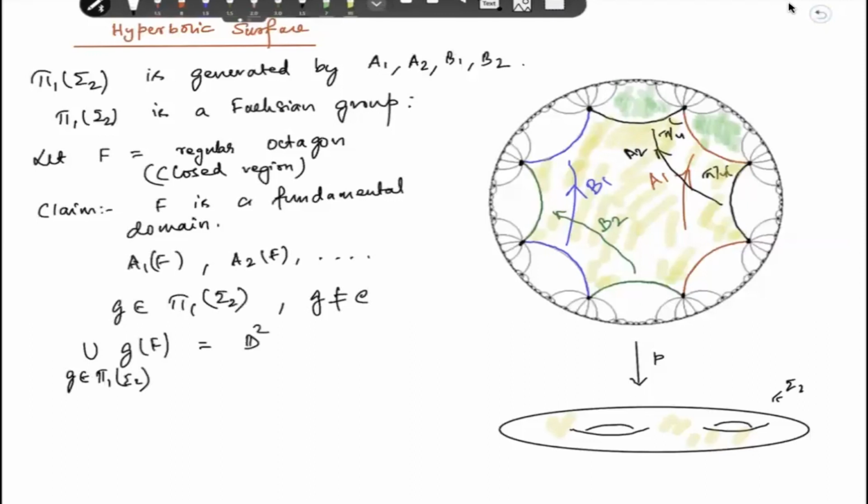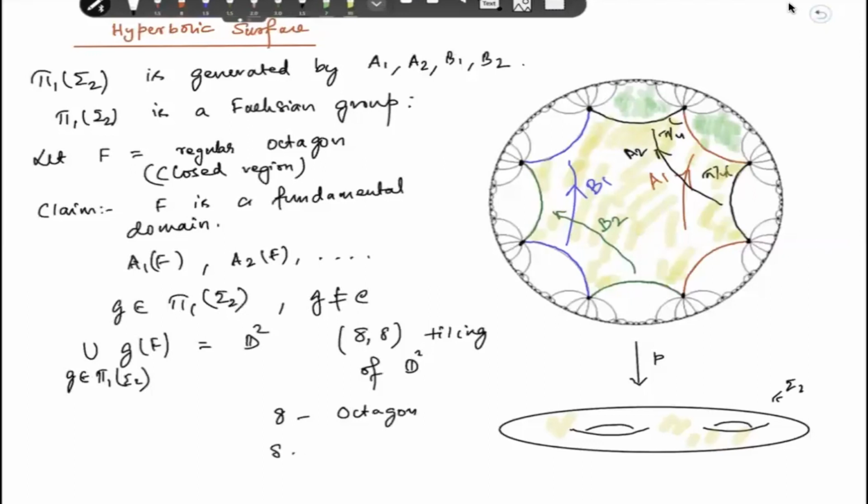So we have an 8-8 tiling of this disk. So what do you mean by this 8-8 tiling? This term I have used earlier also. 8-8 tiling means the first coordinate 8 represents the octagon, this regular octagon.